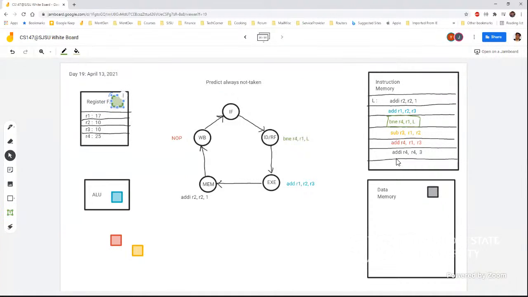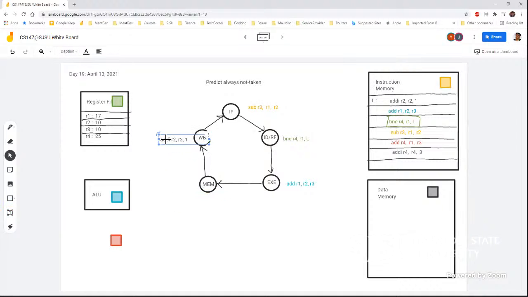And now at this point again, the dilemma comes in, right? Which one to predict? But remember, our prediction is always not taken. So no matter what, even if we know at this point this is going to fail, we'll still predict to fetch this guy over here. Then next clock cycle, this is done.